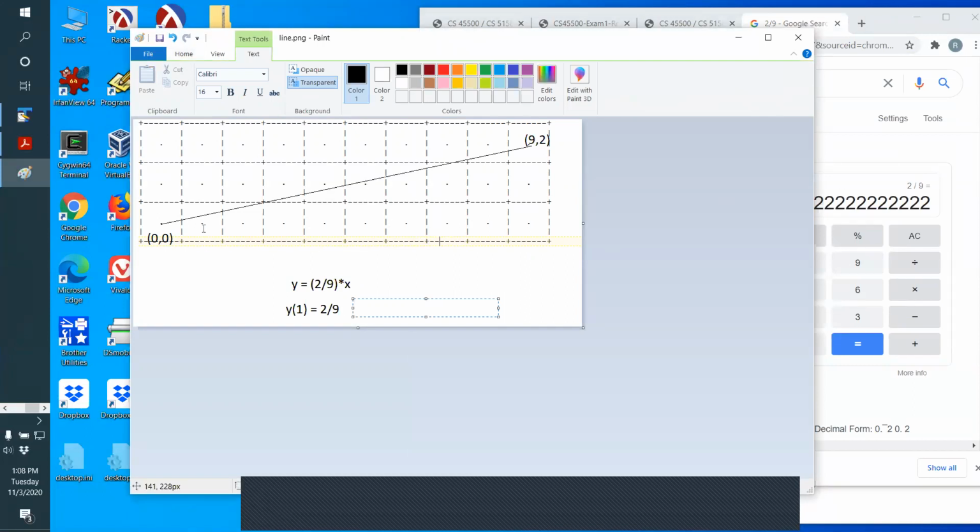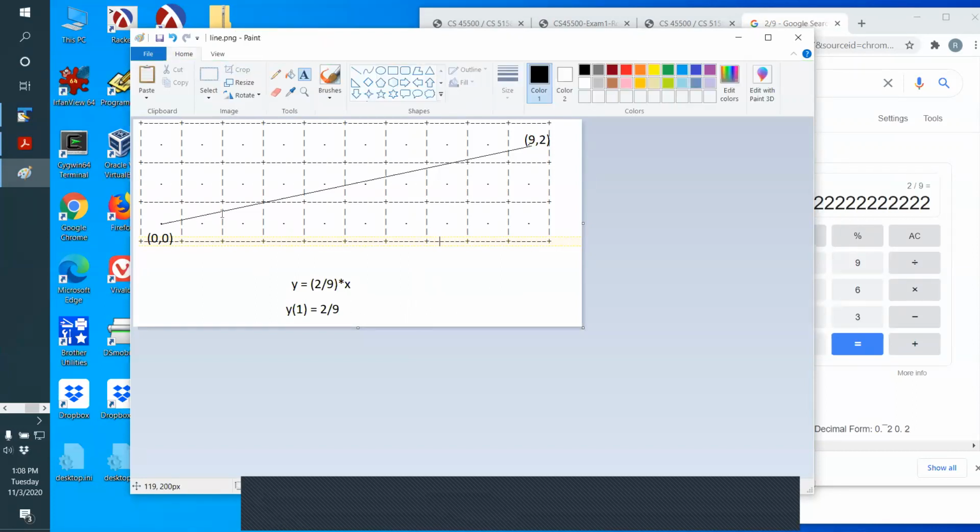So how are these pixels lit up? Now I've actually done the calculation. I found that line and got the equation of that line. I can plug in logical pixel 1. I'm in the logical pixel 1 column.